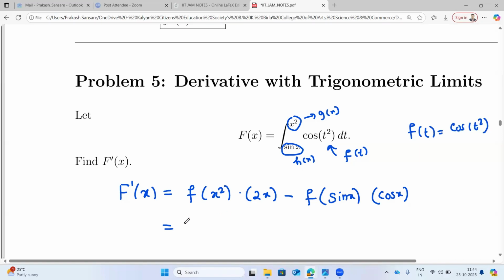So f of x square will be cos of x raised to 4, into 2x, minus, f of sin x will be cos of sin square x, into cos x.